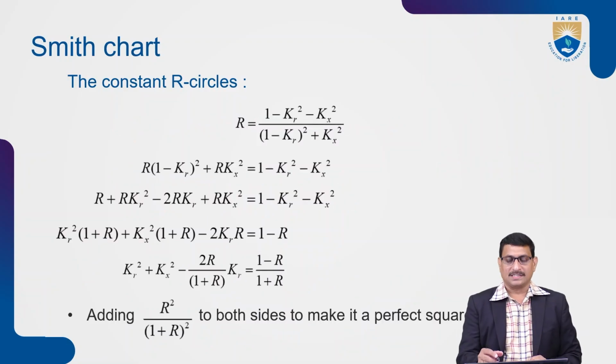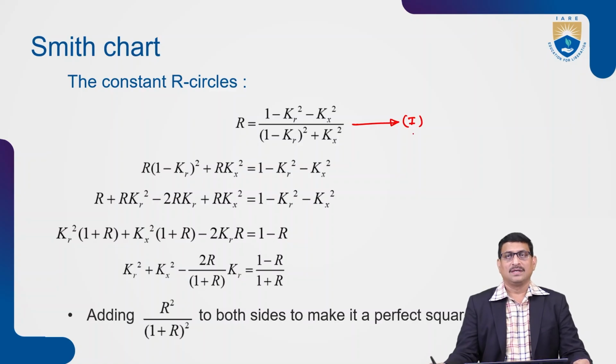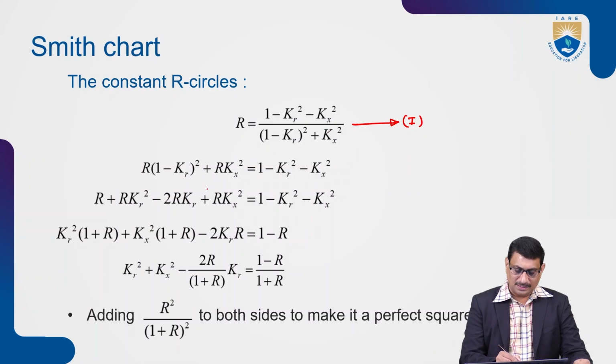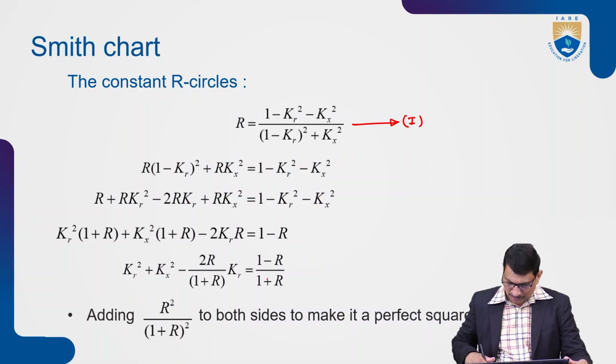So we considered the expression for this, the real parts, by equating both sides of the equation of the reflection coefficient, where we got r equal to this expression, and we started to simplify this equation to get it in the form of a circle or perfect square, where we added r divided by 1 plus r whole square on both sides of this equation to make it a perfect square.